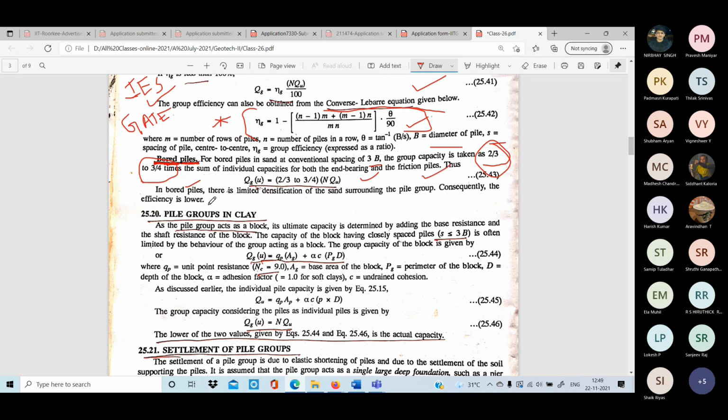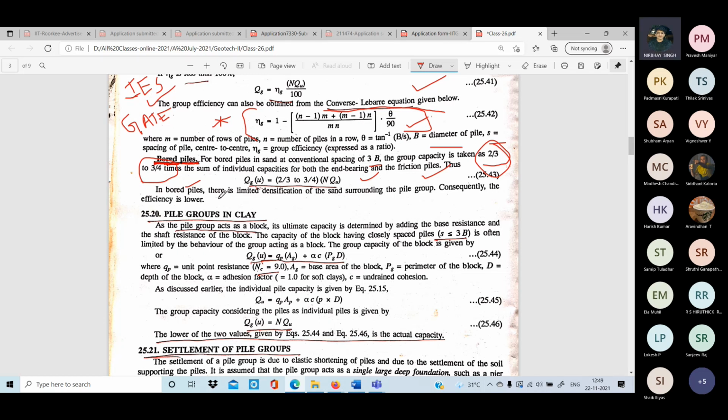That means in bored piles there is a limitation of densification of the sand surrounded by the group, consequently the efficiency is lower. So what is the reason behind this, that bored piles will have lesser efficiency? Why are we taking 2/3 and 3/4?